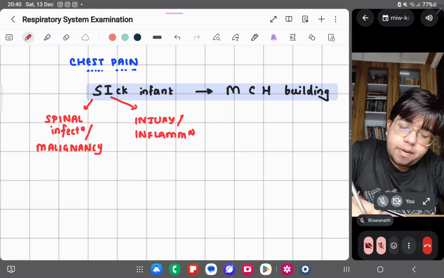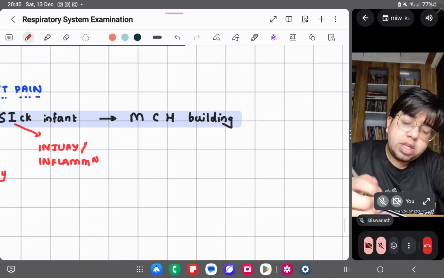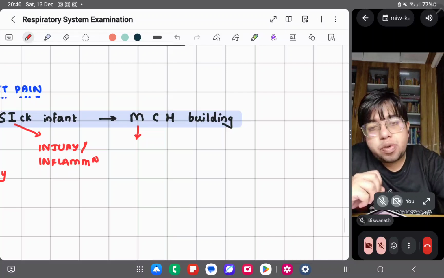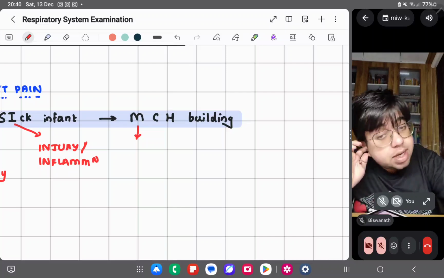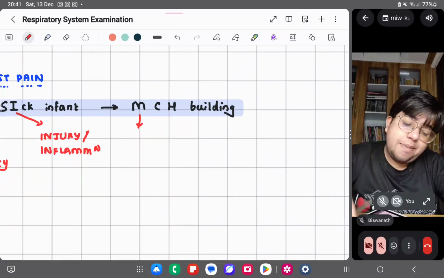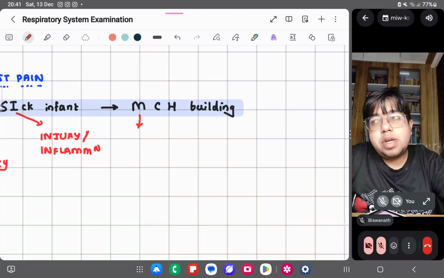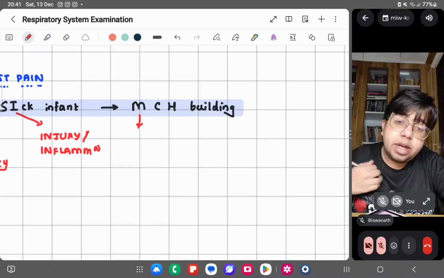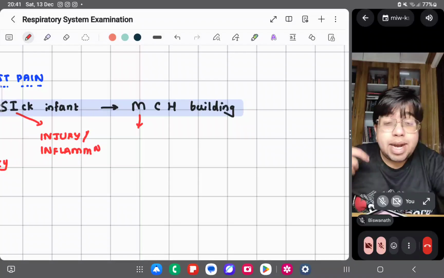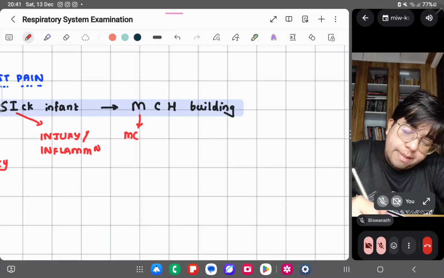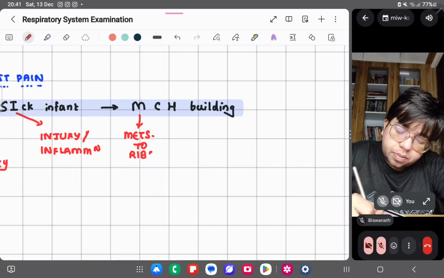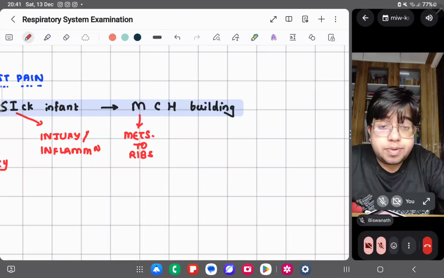These are straight away from the tables given in Hutchinson only; I'm not discussing any other thing. M: the cancer may affect the ribs, metastasis to ribs. Metastasis of any cancer to ribs can produce it.